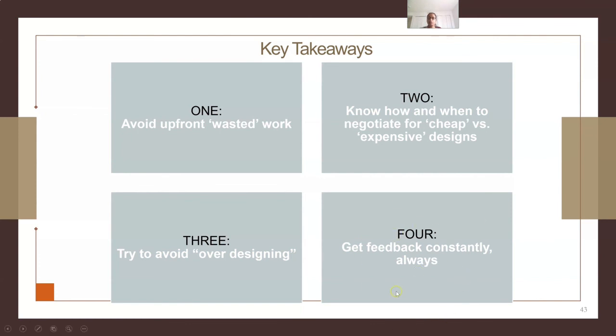So coming to the fourth one, get feedback constantly, always. Definitely this is one of the major advantages of using Agile. We should be well versed on how to ask for and take constant critique and feedback.